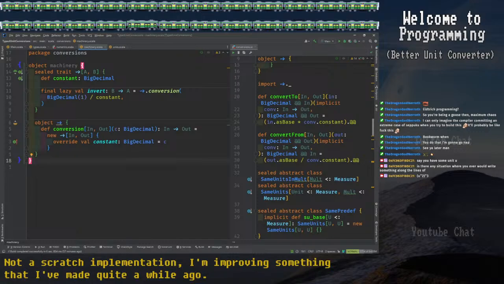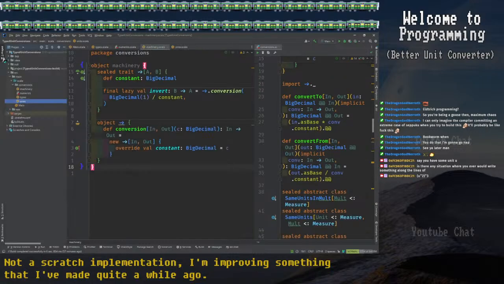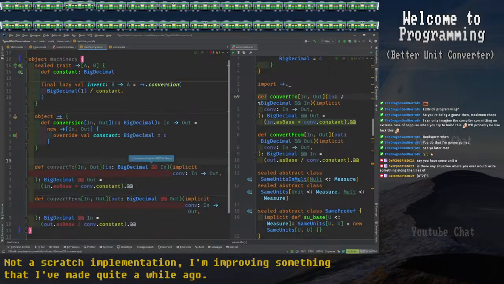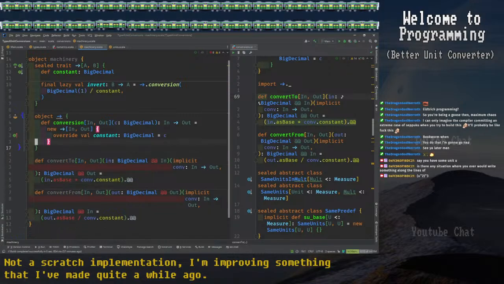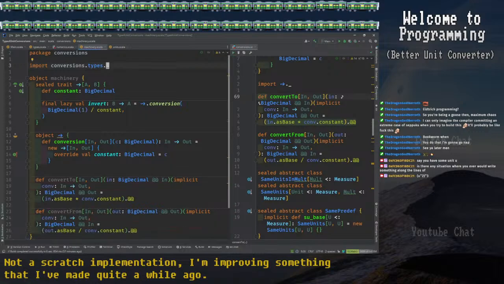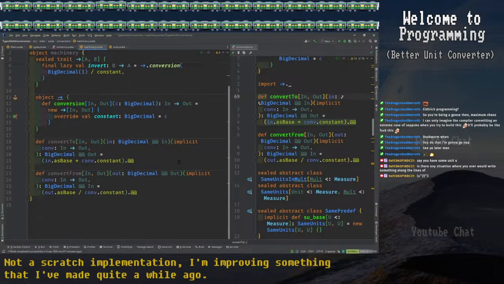And I guess we also want these. These are the main ones. All right, I have to get the types. Import types, conversion types. Yeah, there you go. Yep, looks good to me.